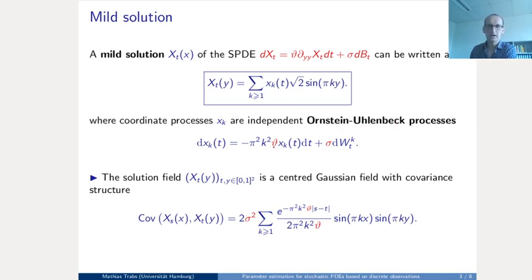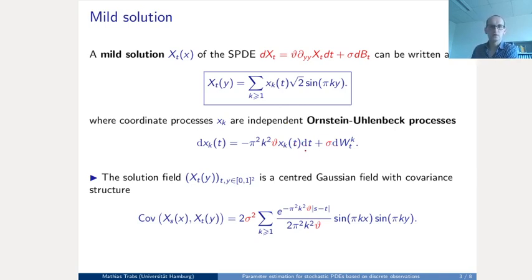We see here again our two unknown parameters sigma and theta, but we do not observe the small x_k, but this mixture here, so it's not that easy to extract information on theta and sigma from our observations.